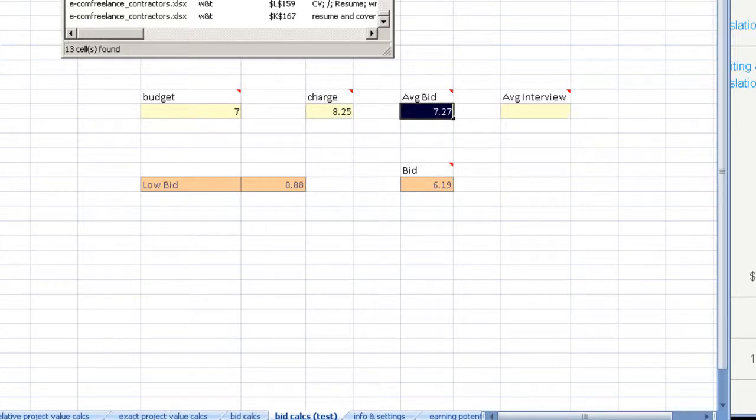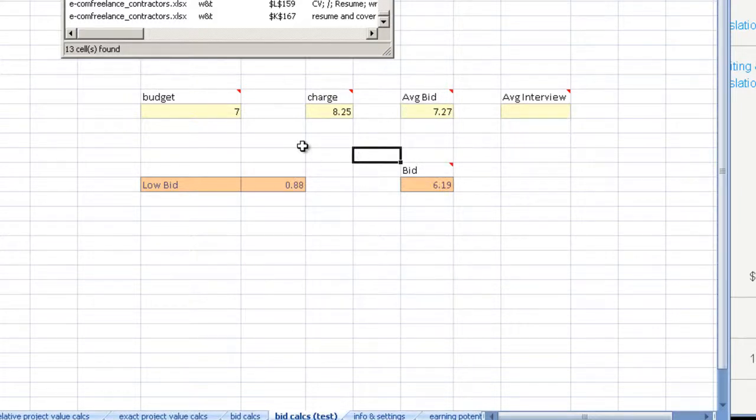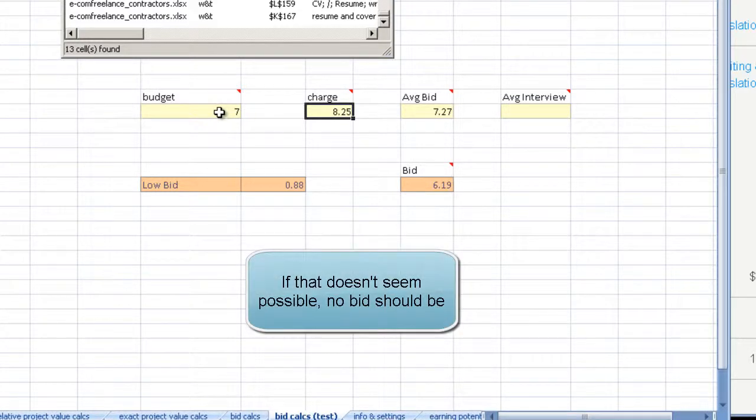Because what you're trying to do here, in a case where you do have an average bid displayed, is enter a bid that is competitive with the budget and also competitive with the average bid amount, but also takes into consideration the regular charge that the contractor would prefer.